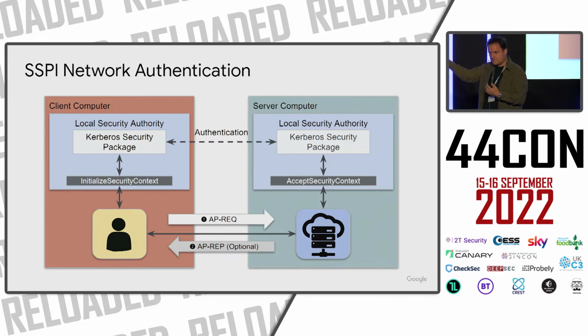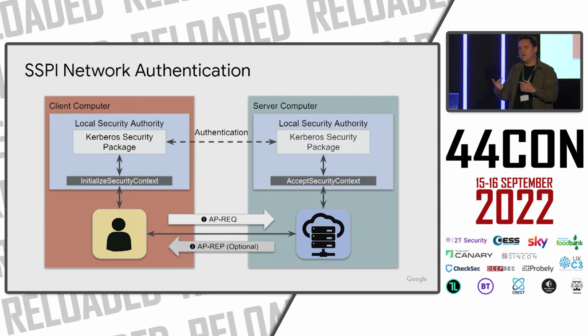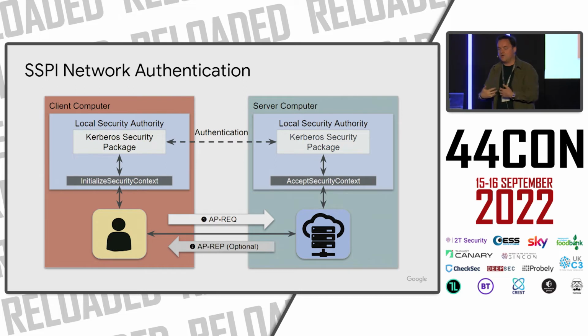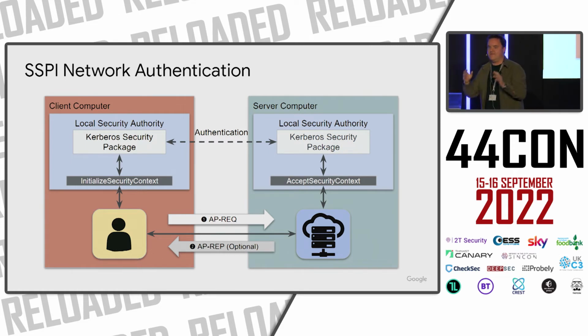But the main APIs we need, at least on the client, is this initialized security context. And this will allow your process to get access to your Kerberos authentication without ever knowing your own keys or your own password necessarily. So, of course, if you find yourself on a machine, you can use this to get Kerberos authentication running.